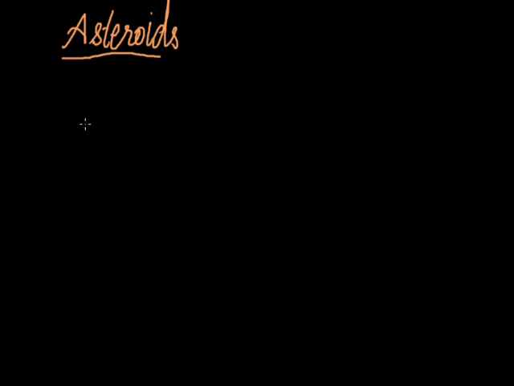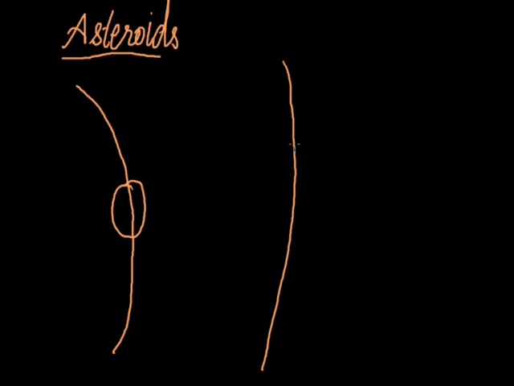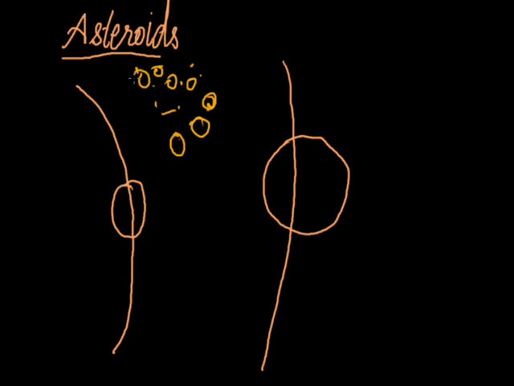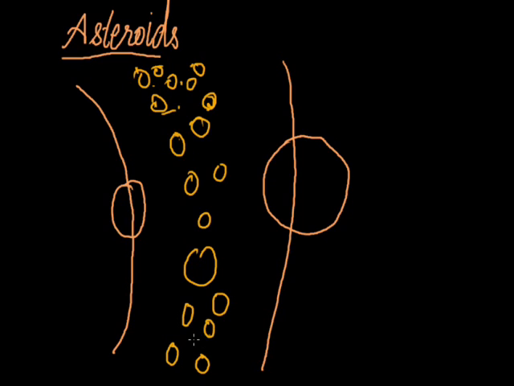As we know, in between Mars and the great Jupiter there is a belt, the belt of small planets, rocks. They are very small, up to 2000 kilometers in diameter, and this is the belt.